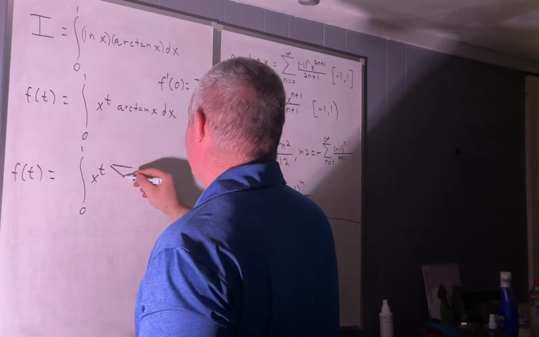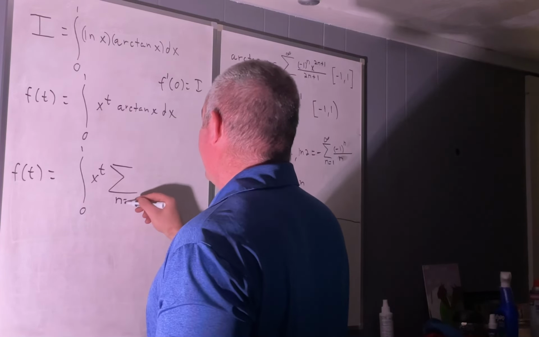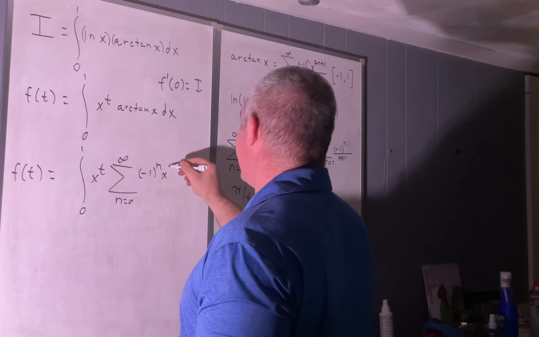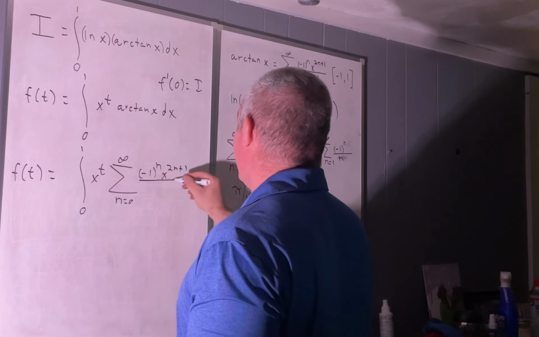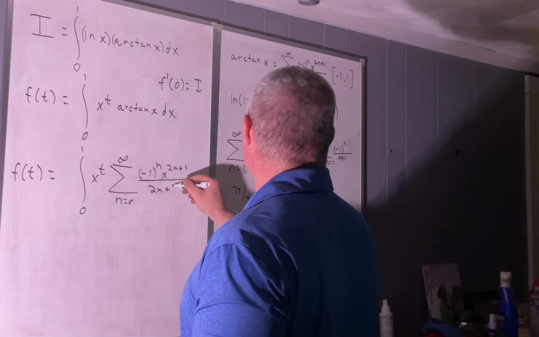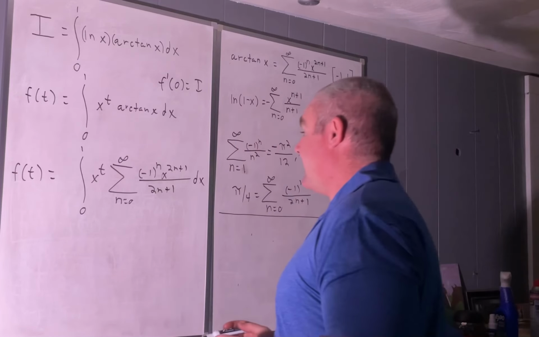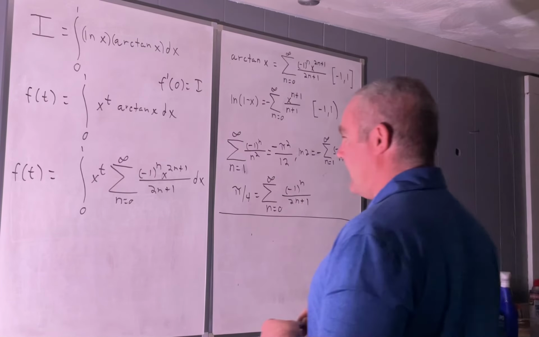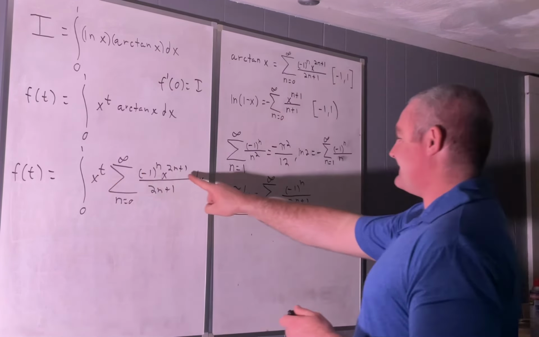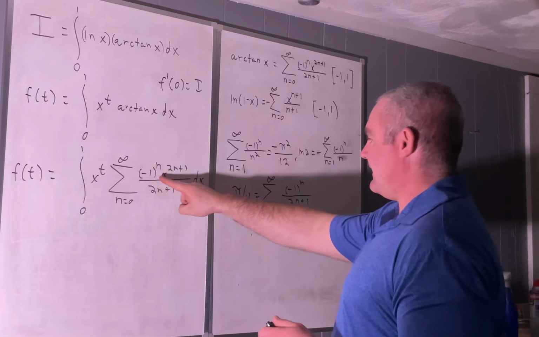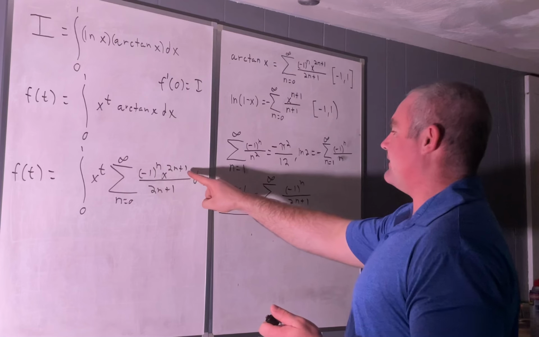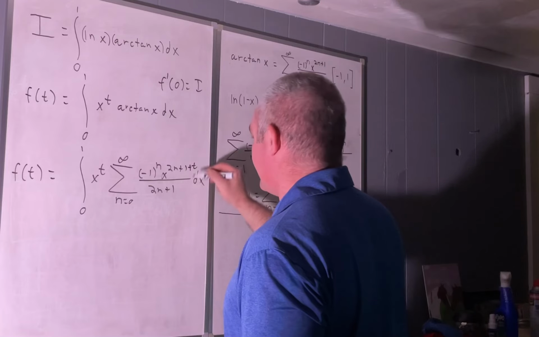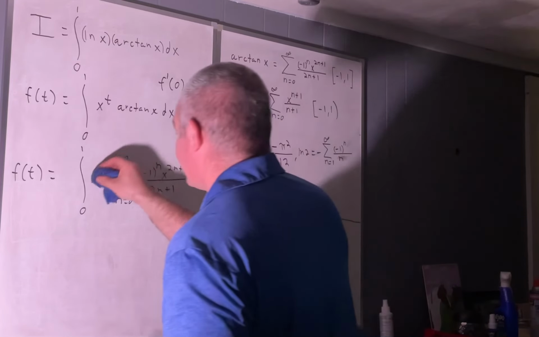But then our arctangent x will become the sum from n equals 0 to infinity of -1 to the n times x to the 2n plus 1 over 2n plus 1 dx. And then there's not going to be any problems with convergence there, so we can use Fubini's theorem. But first, we'll take this x to the t inside the sum notation, giving us inside the sum x to the 2n plus 1 plus t. So I'll just write that plus t right here. And we can get rid of this x to the t.